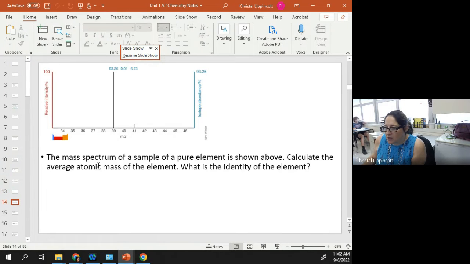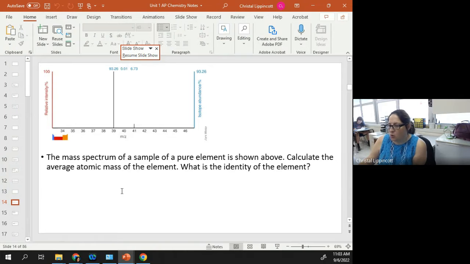Okay, so here is a mass spectrum of a sample of a pure element. It's shown. Calculate the average atomic mass of the element and then identify what it is. Okay, so they've shown us here that we have 93.26% of 39. We have 0.01% of 40 and 6.73% of 41.